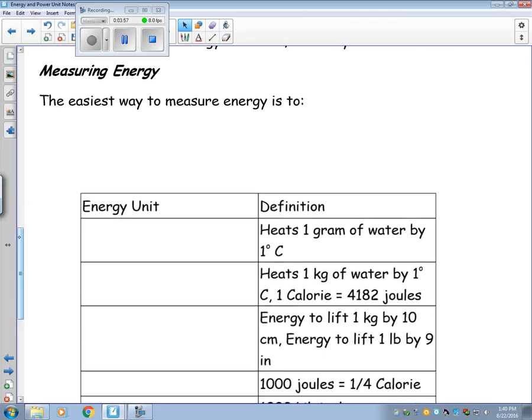Okay, so when we go to measure energy, the easiest way to measure energy is to convert it into heat and then see how much it raises the temperature of water.